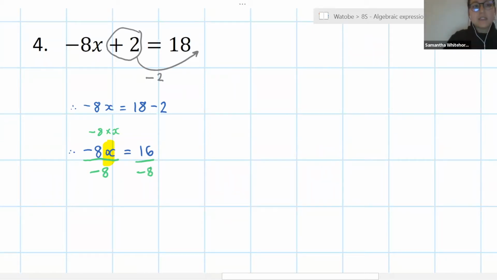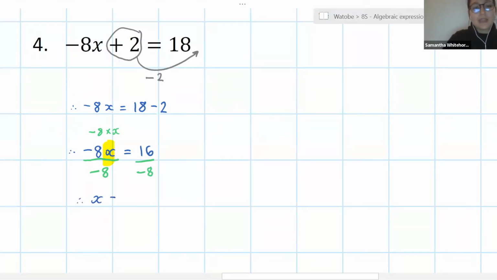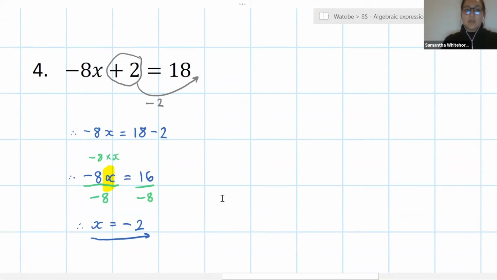I've got a positive 16 divided by a negative 8. When we've got a positive divided by a negative, we end up with a negative, and 16 divided by 8 is 2. So my answer here for x is negative 2. Well done, everyone who said multiplication. Well done for dividing by negative 8 in order to get your answer of x equals negative 2.